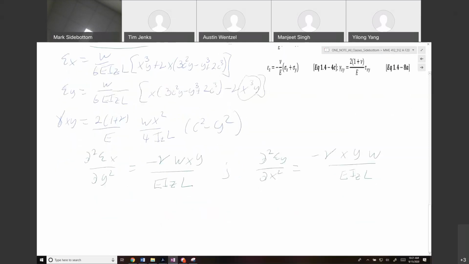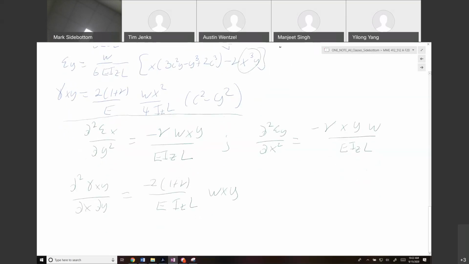And then the last one is we take the partial derivative of gamma xy with respect to x once and with respect to y once. We end up getting negative 2 times 1 plus v over E, divided by IZ L, times w x y.